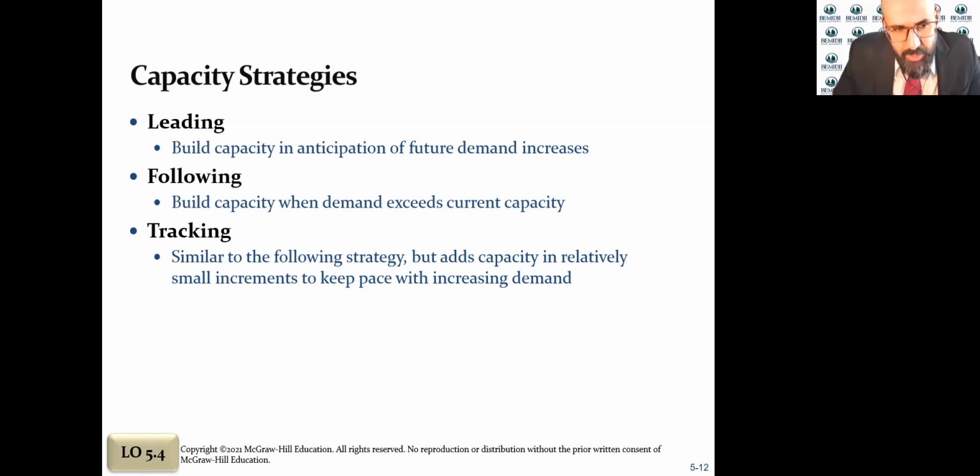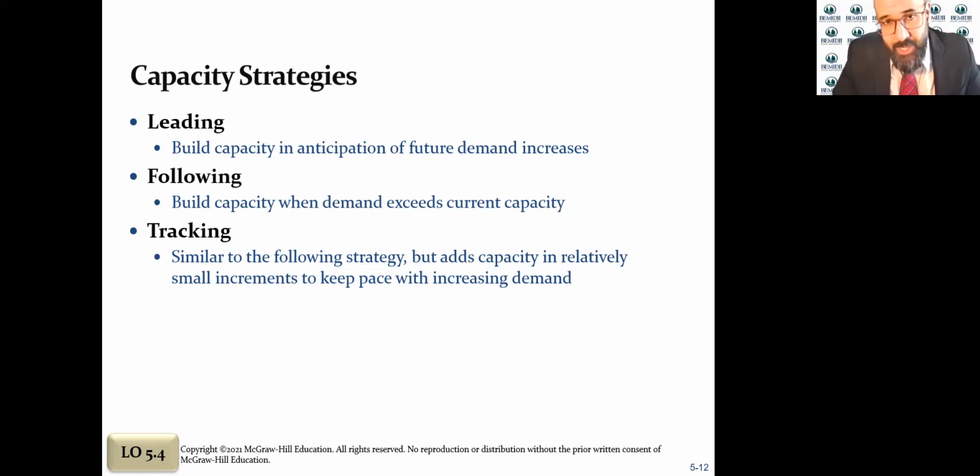The third one here, the tracking, which is basically similar to following the demand. The demand already exists. However, it adds capacity in small increments to keep pace with increasing demand. So that's what we use sometimes. The three strategies: one is the leading, which is you are ahead of the demand, so the demand is expected. The following is the demand exists, and you're trying to meet it.